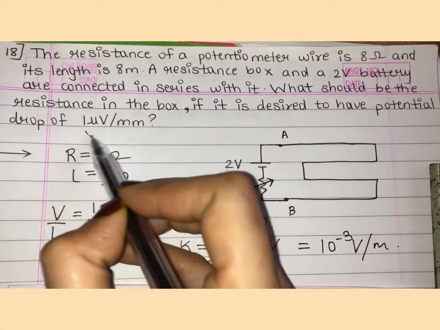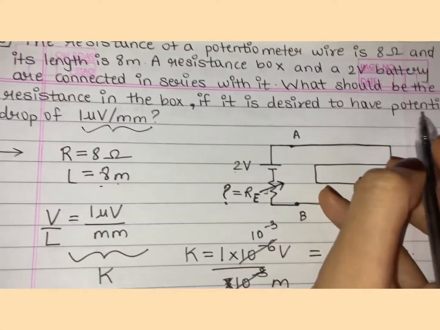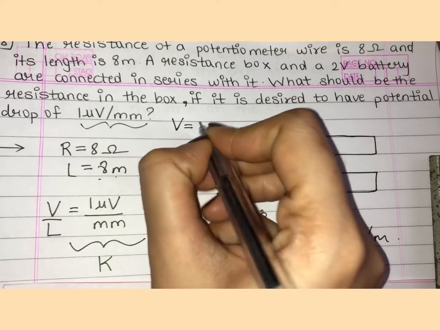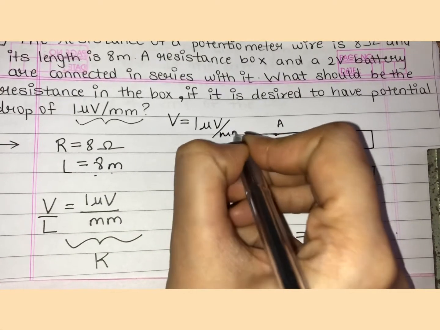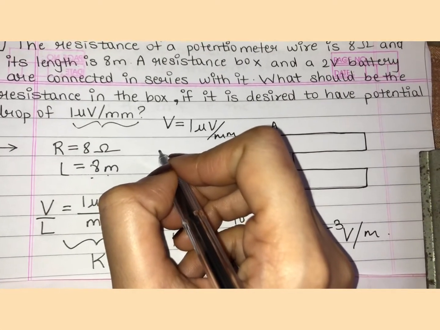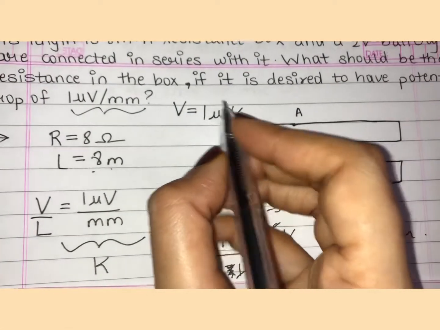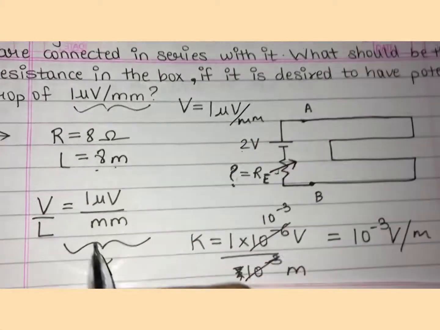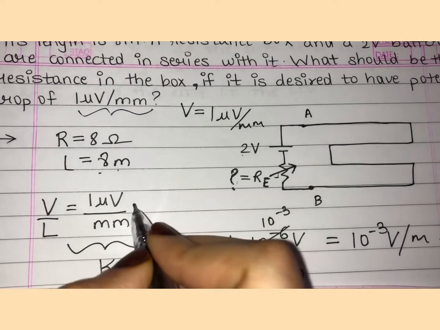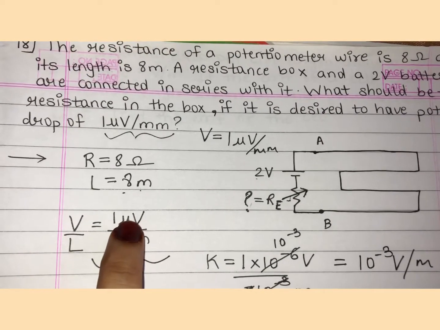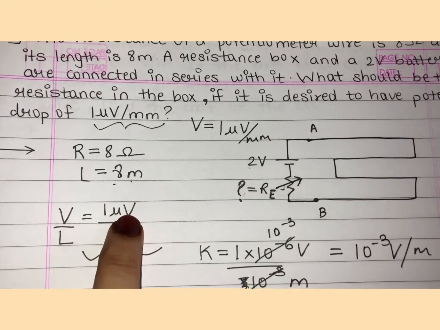Now what is this value? So what will students do? Potential drop is V of 1 microvolt per millimeter. No, this is wrong. Why is this wrong? Because 1 microvolt per millimeter, microvolt is a unit of voltage.